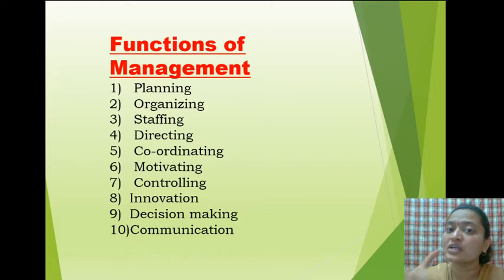What comes in the top level management? The top management is the higher authority or the main head of the company. And middle level management means what? There are departmental managers, meaning in the organization certain departments will be there, like HR department, marketing, finance department.